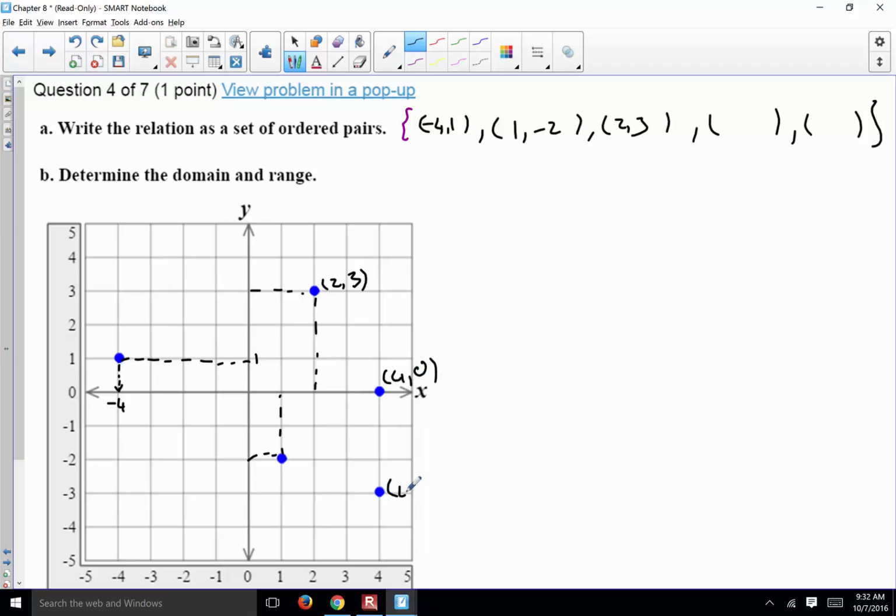This is 4 again. It has the same X component, but the Y component is -4. 4, 0, 4, -4. Alright, what is the domain? Okay, this is positive 4. What is the domain? Anyone?